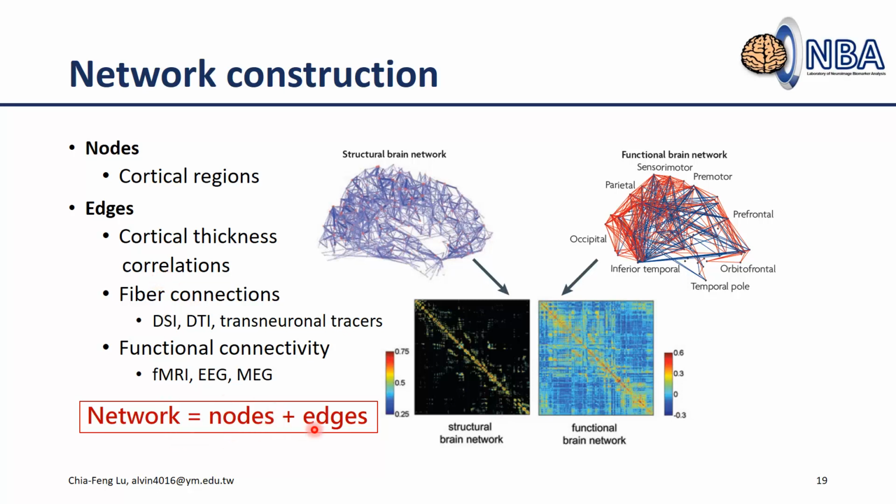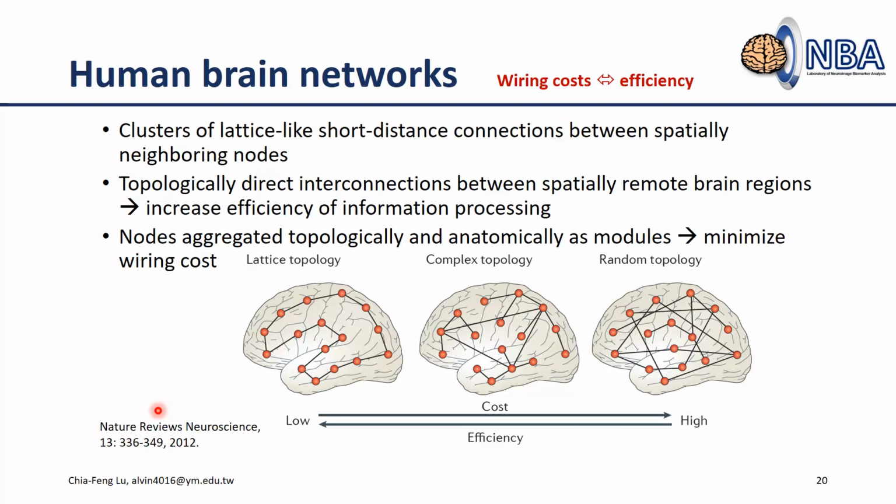With nodes and edges, you can have a brain network on hand. And then we can use so-called graph theory to really quantitatively measure how our brain regions are connected with each other. And is it an efficient network or is it a compact network? You can answer this kind of question.